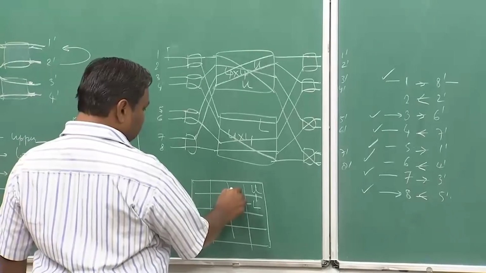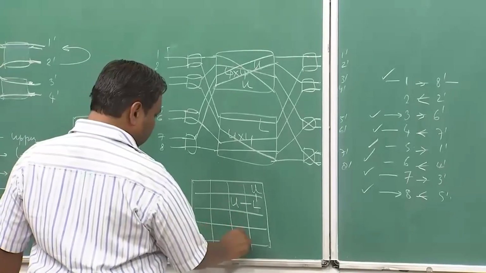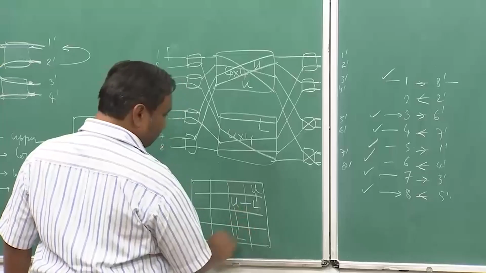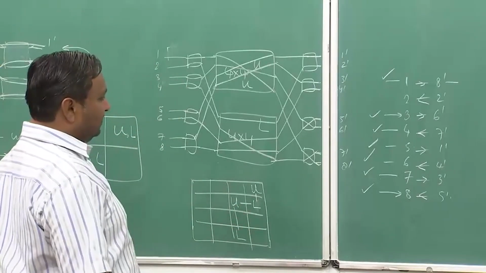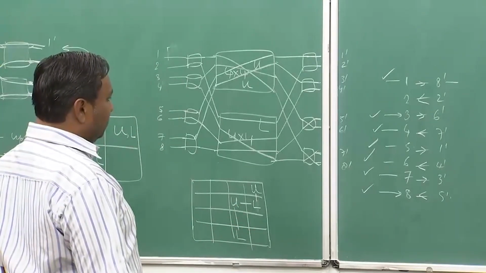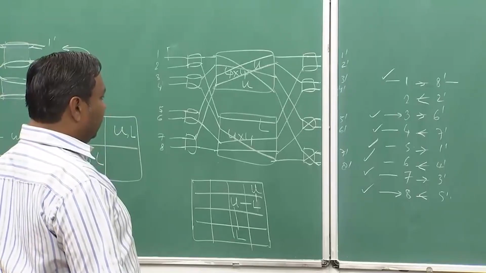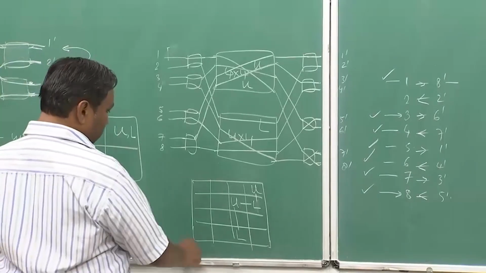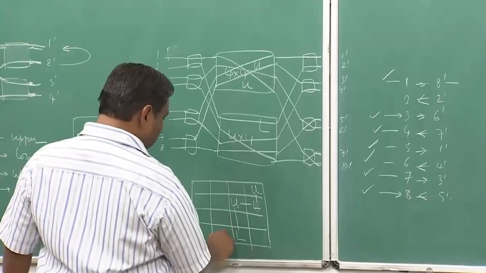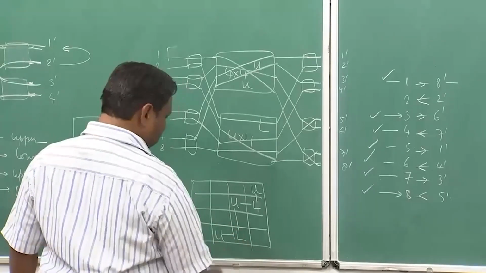So 5 stands here and 8 comes here, so I am putting a lower here, 8 to 5 prime, that is a bottom part, and then 7 to 3 prime. So 7 comes here, 3 comes here, I am using upper.